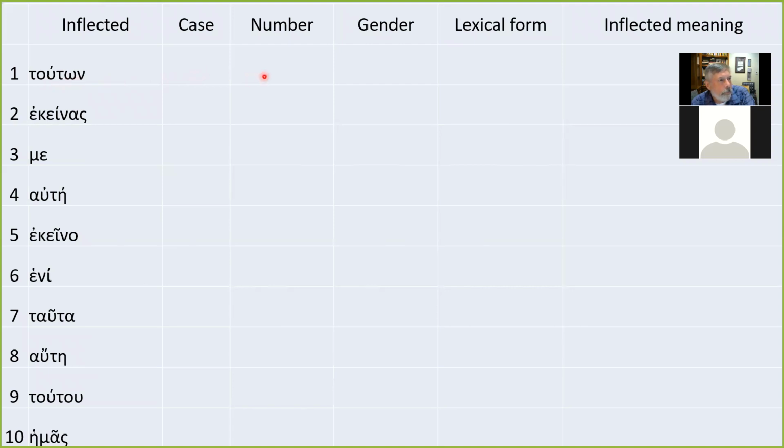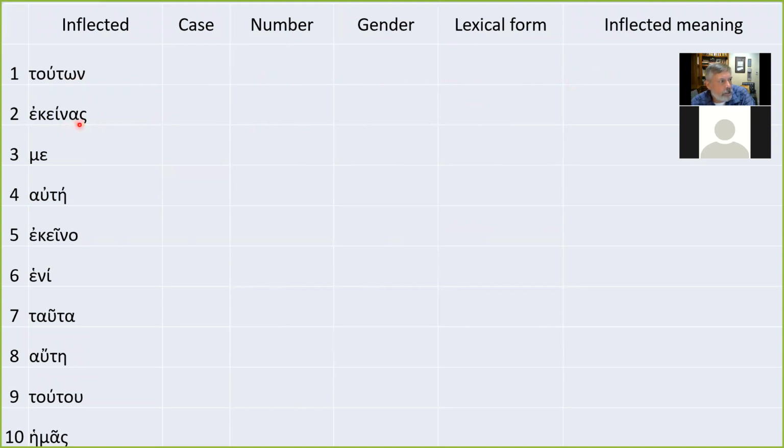And what number? Plural. Plural, correct. And its gender? It can be either masculine, neuter, or feminine. Perfect. Its lexical form, of course, would be from houtos. And its inflected meaning, of course, the meaning that we translated would be what? Of these. Very good, of these.